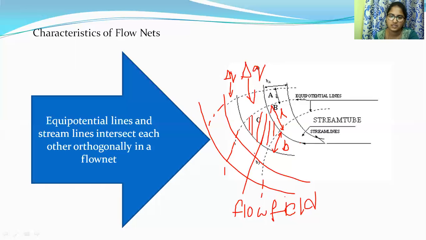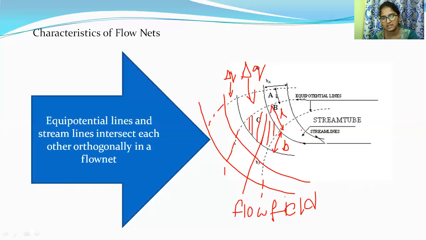The next characteristic is that the area between two flow lines is known as a flow channel. The discharge through each flow channel is the same.